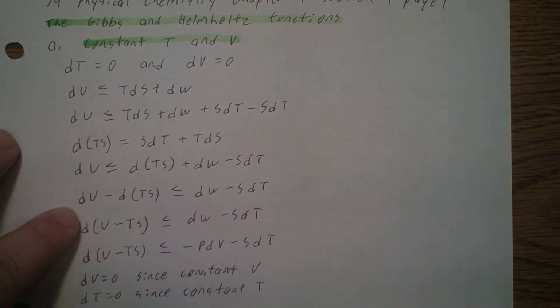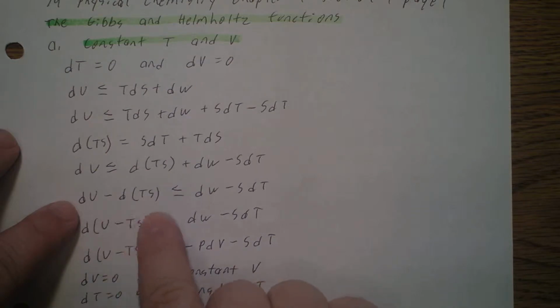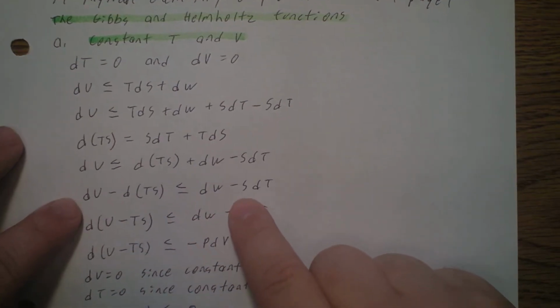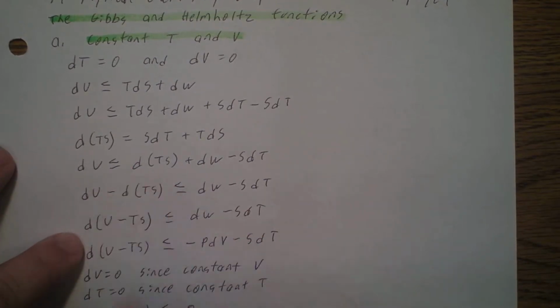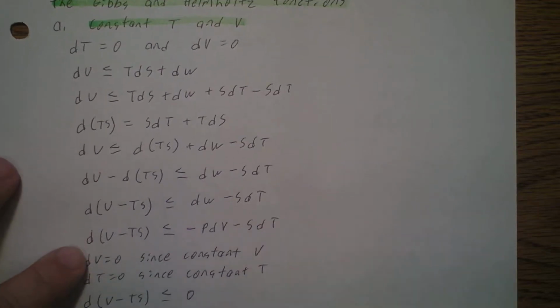Now we're just going to move that over to this side, so we get the differential of the internal energy minus the differential of temperature times entropy is less than or equal to the differential of work minus entropy times the differential of temperature. Now we can combine these terms, so we can say the differential of U minus TS is less than or equal to dW minus S dT.